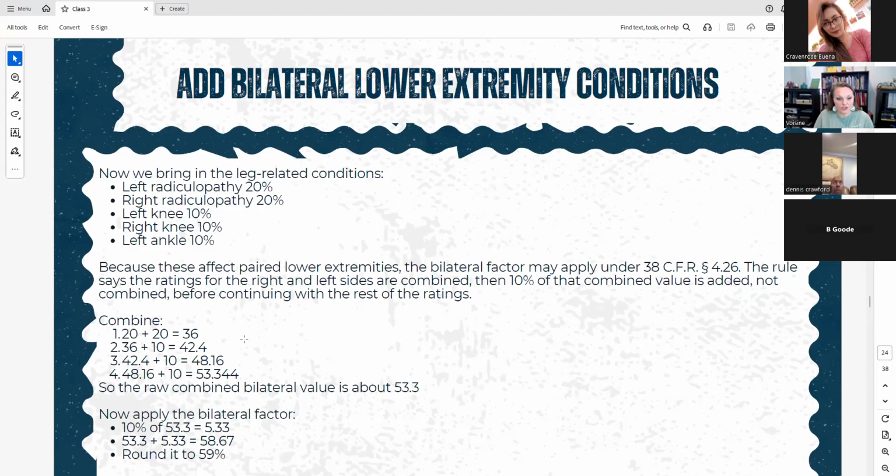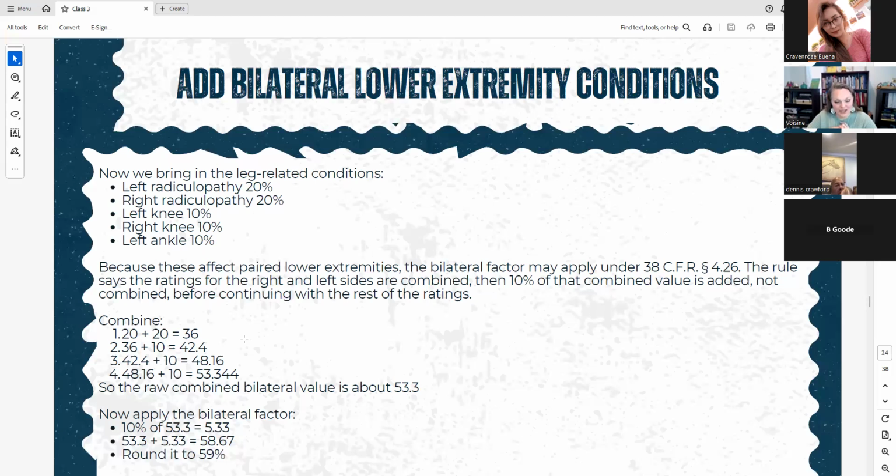So you would do the 20 plus 20 is 36. The 36 plus the 10 is 42. I'm sorry, it would be 36, and then the 2 point. Yeah, sorry, 36 plus 10%, 42.4, because you're adding the 10%. And then you do the 42.4, add the 10%, which would be 48.16.